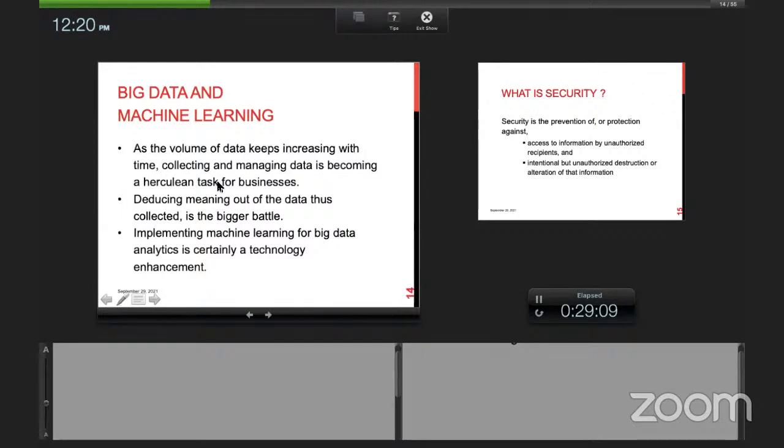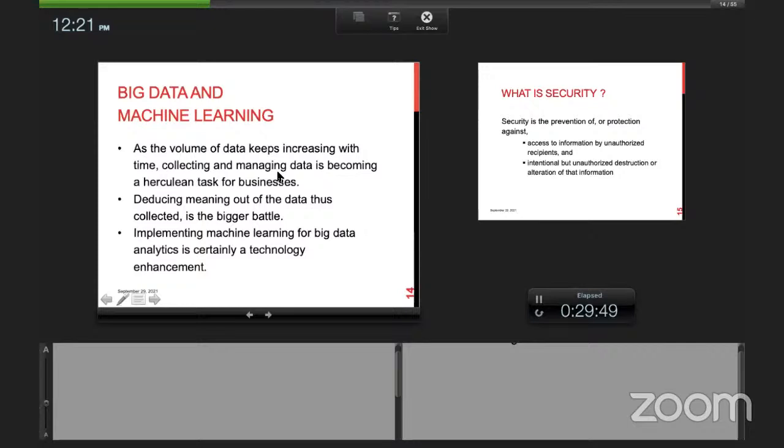So that becomes a very big task, and therefore taking that data into account and deducing meaning out of it, because you want to do some analytics, right? So you have to find out the inner meaning from this large amount of data that is being collected at regular intervals. So obviously it's all the more bigger battle. Hence, you have to implement machine learning for big data analytics, and therefore it's considered to be a technology enhancement, which you are all part of nowadays.